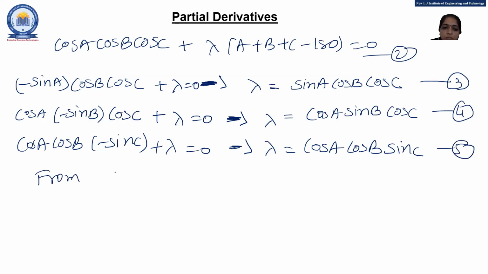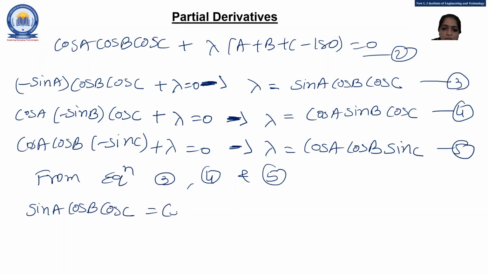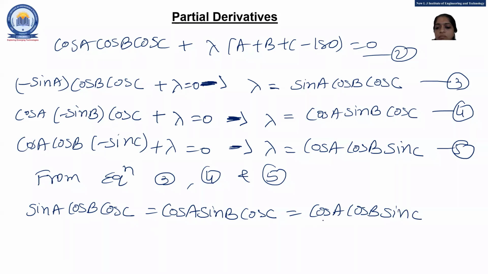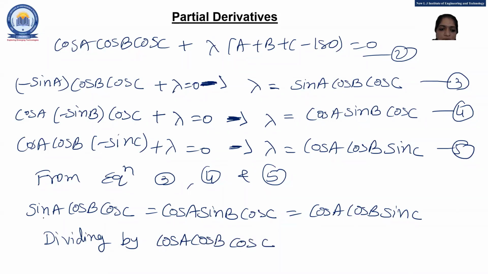So from equations 3, 4 and 5, after eliminating lambda, I have sin A cos B cos C, here cos A sin B cos C, and the last, cos A cos B sin C. After dividing all the terms by cos A cos B cos C, the cos B cos C will be cancelled out and the remaining term is sin A upon cos A, right?